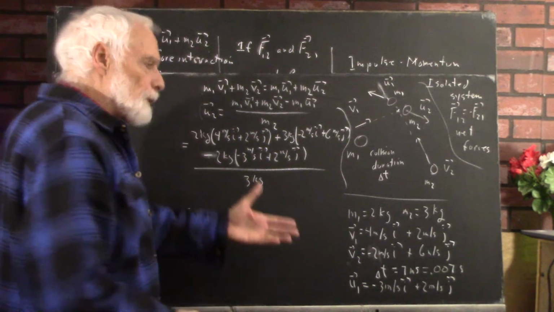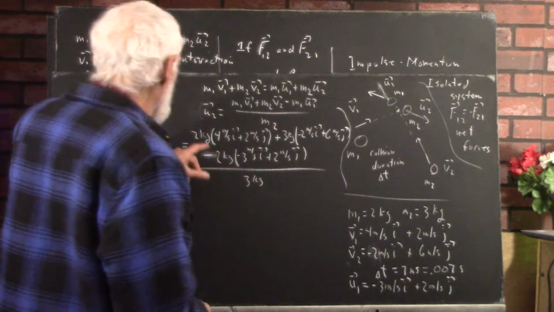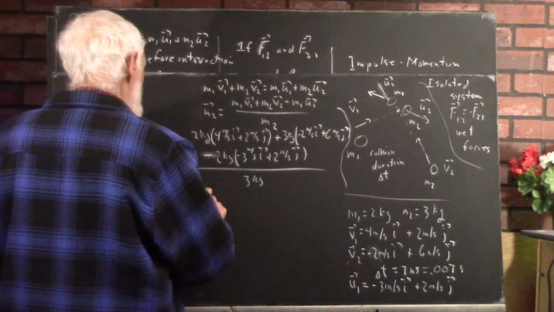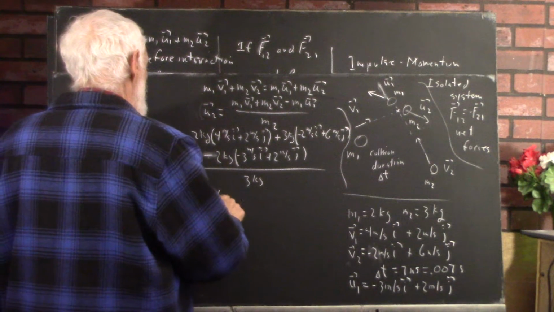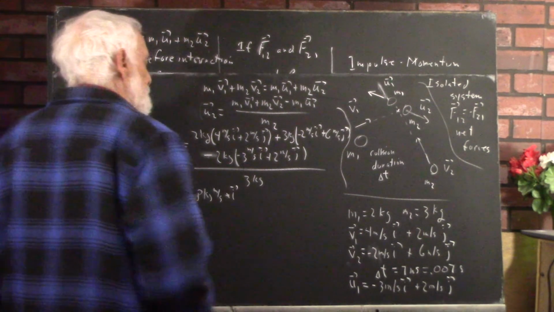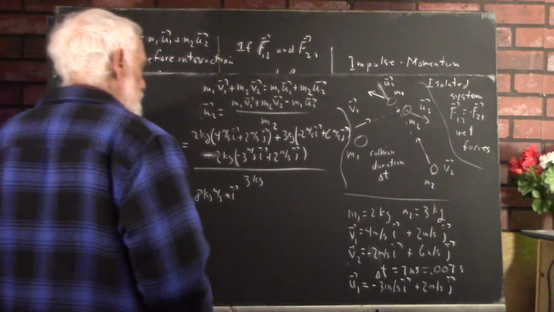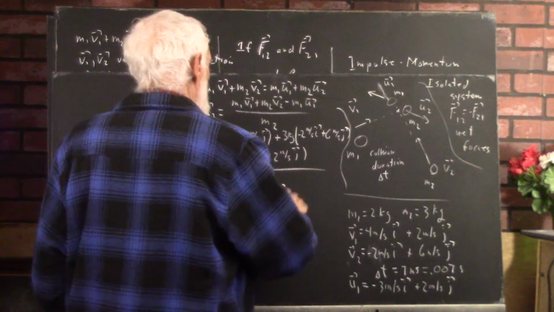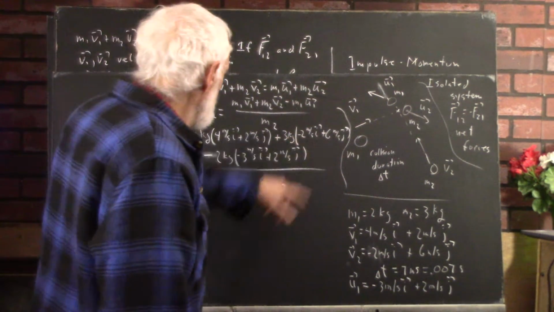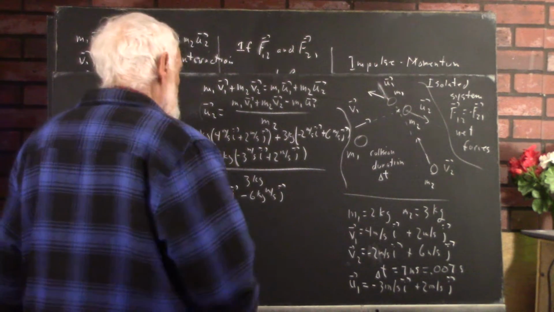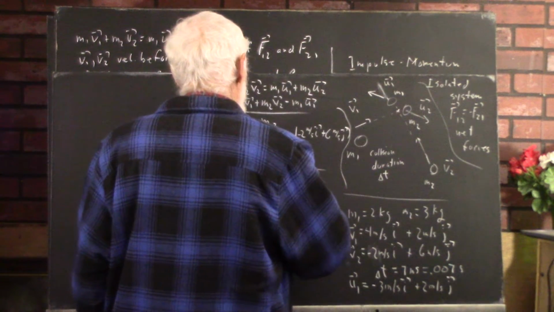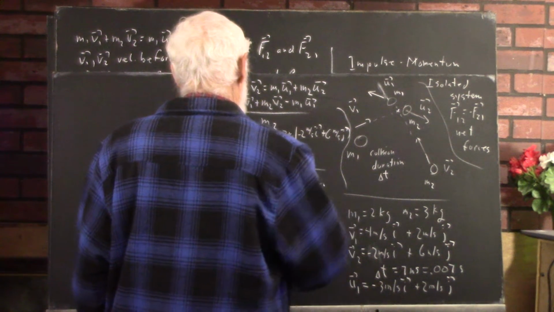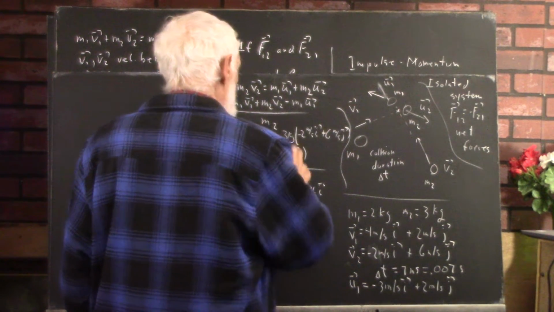Okay, well, we want to separate out the I and the J components. So we get 8 kilogram meters per second times I from this. And then we're going to get negative 6 kilogram meters per second times J from this. And from here, we're going to get plus 6, and this is I, not J, okay?